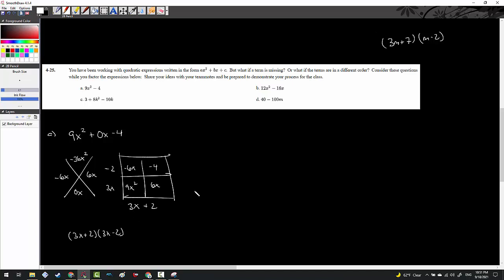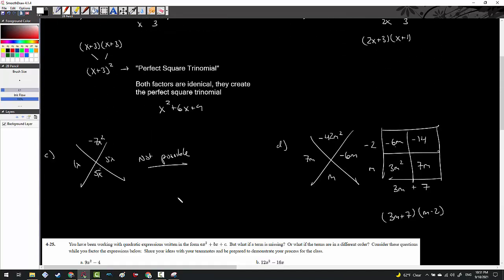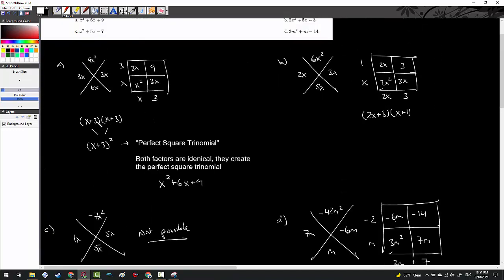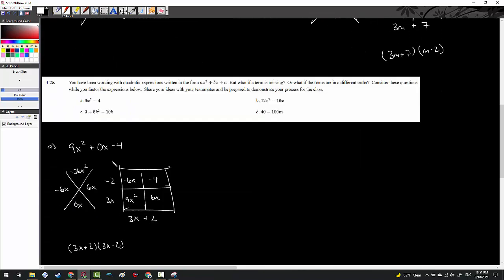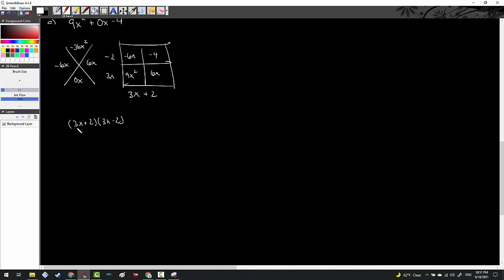Now, it's very similar to that perfect square trinomial that we had before. If you look at the x plus 3 times x plus 3, this one, however, is 3x plus 2 times 3x minus 2. This is what's known as a difference of squares.